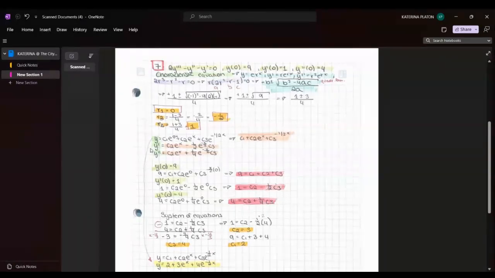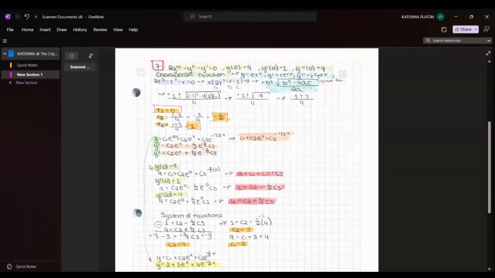From here, I took y double prime: c2 e to the x stays the same, and then we multiply negative 1 over 2 again, which gives us a positive 1 over 4 e to the power of negative x over 2 c3.